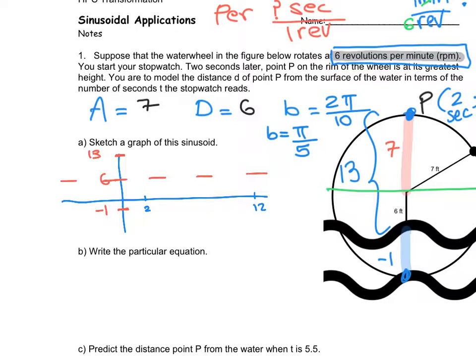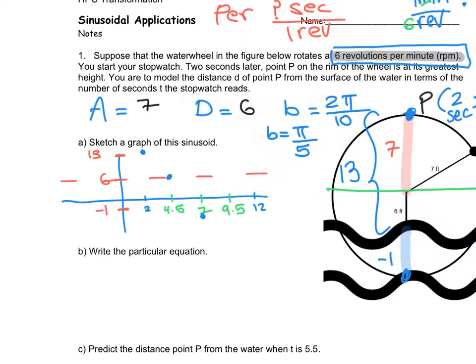So what's halfway between 2 and 12? That would be 7. What's halfway between 2 and 7? That's 4.5. And what's halfway between 7 and 12? That's 9.5. So at 2, I have the highest distance. Then at 4.5, it's going to be 0. At 7, it's going to get to the lowest.